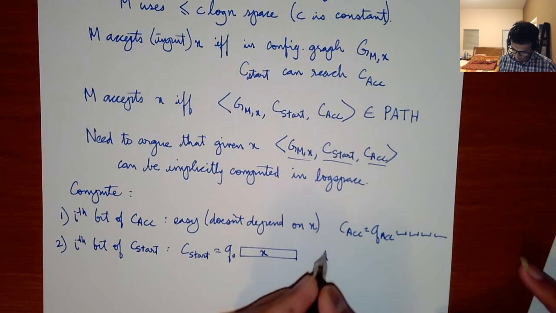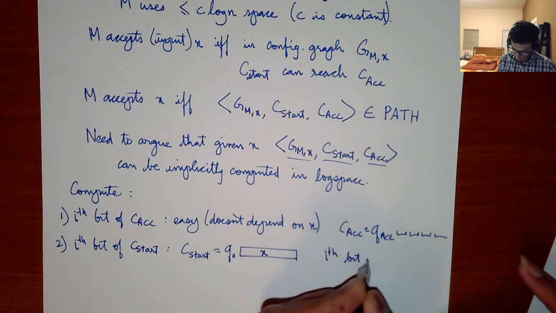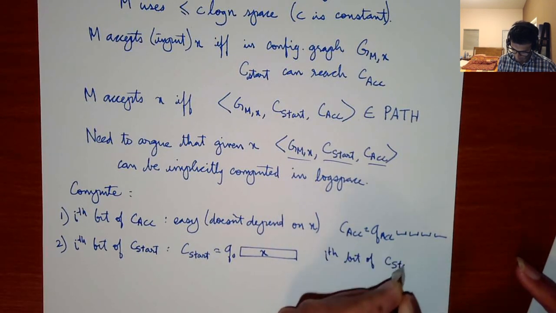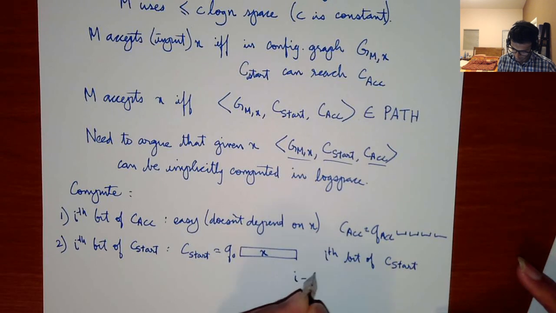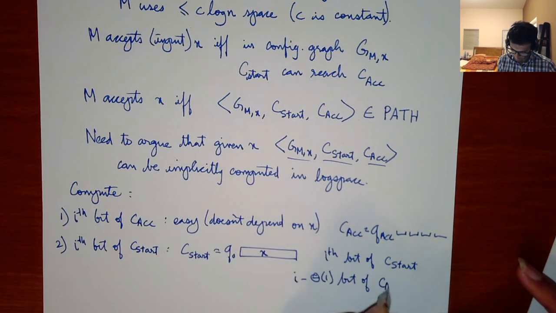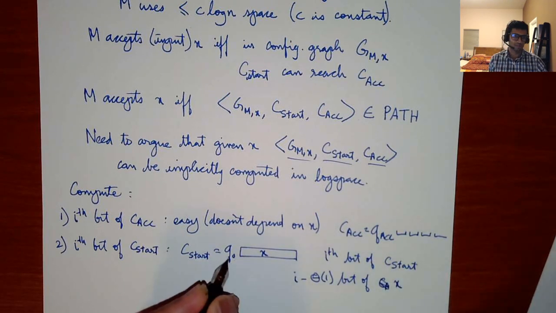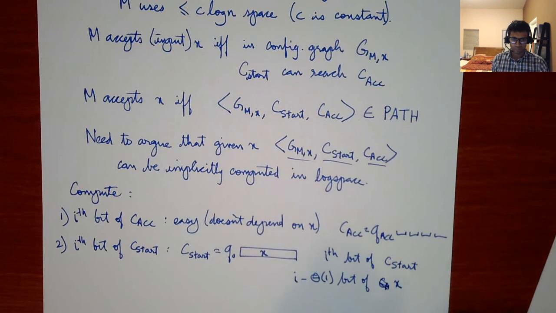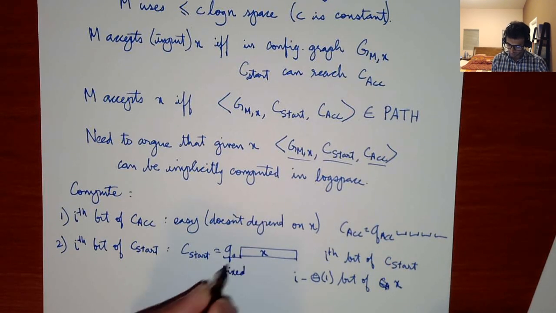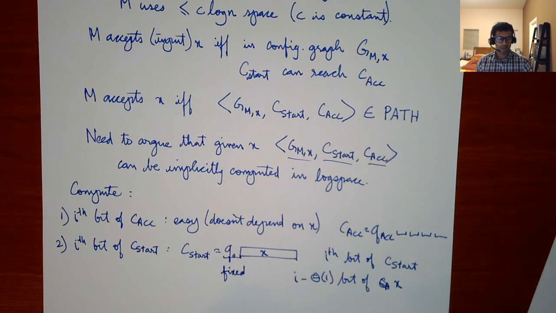The ith bit of C start is like the (i minus theta of 1)th bit of x, where theta of 1 is basically whatever size is required to write Q0. For this part you need x, and here it's just something fixed. So the ith bit of C start is also easy to write.